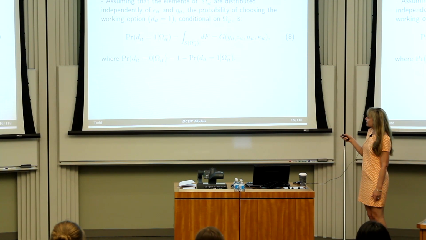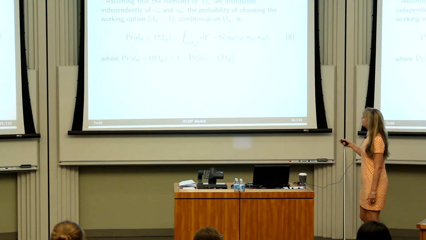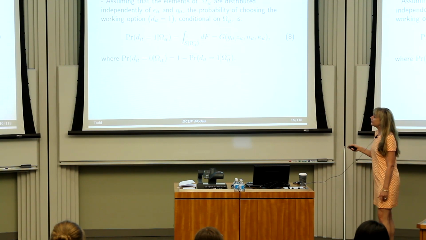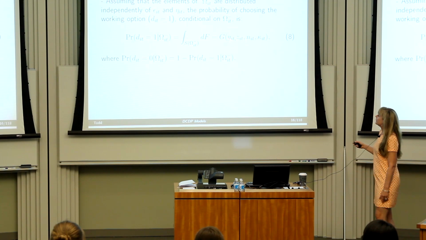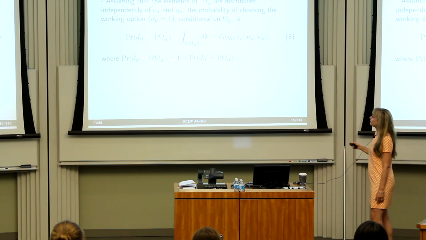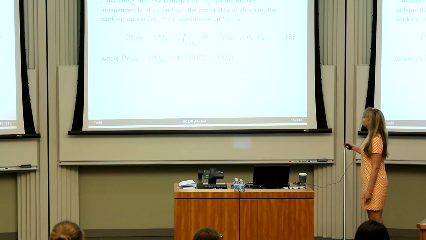And then, given this notation, the probability that we observe a woman choosing the working option is just going to integrate over the set of unobservables that would lead to working. And that's then the G. We can call that G. This is just the probability that she works. And then the probability she doesn't work is 1 minus that.